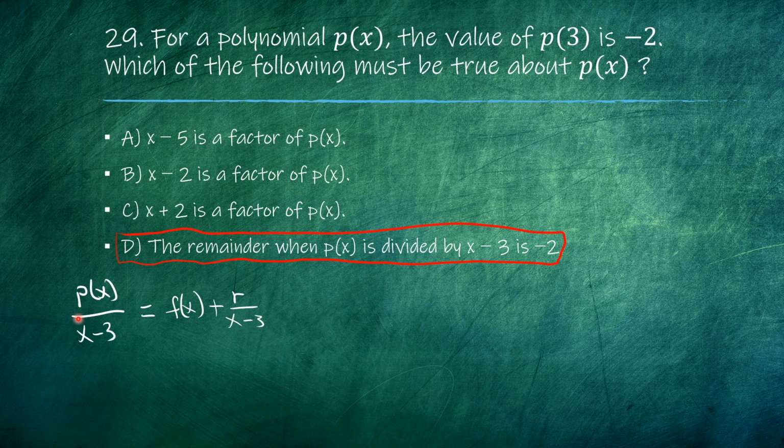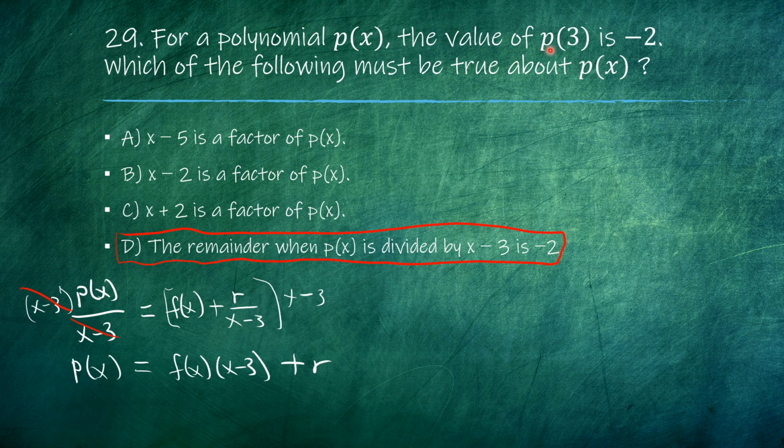We can rewrite this whole thing by multiplying both sides by x minus 3. So this term distributes, and this cancels out. So we have p of x is equal to f of x times x minus 3 plus r.